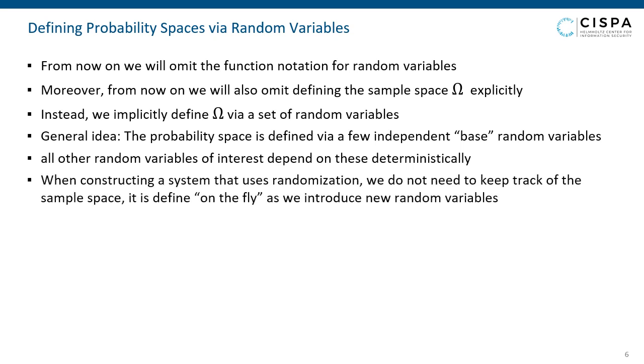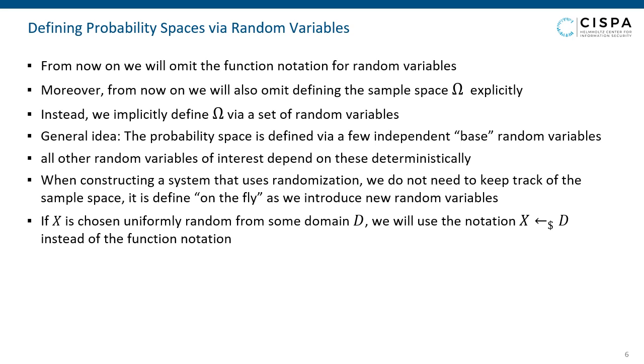So when constructing a system that uses randomness, we won't have to keep track of the actual sample space or even care how it looks. It will just be defined implicitly, or on the fly, as we introduce new random variables.